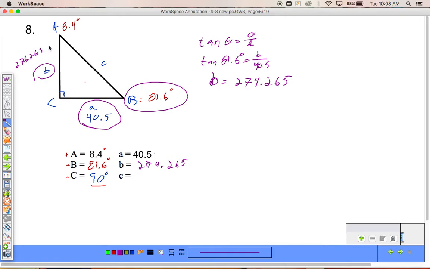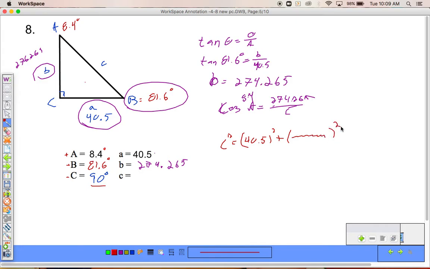All right, to get C, I could do the cosine of angle A is 274.265 over C, where I know A is 8.4. There's multiple ways to do this. So I'm going to use Pythagorean theorem. C squared equals 40.5 squared plus that long decimal squared.